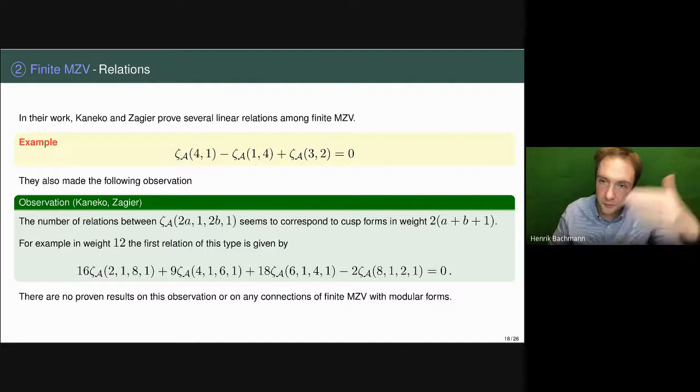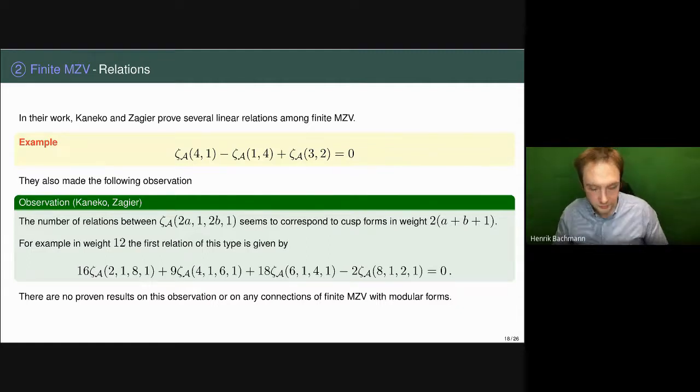And now, if you remember the relations I showed you before, then the same relation also holds for the symmetric multiple zeta values. But I will come back to this in a minute. First, there's also some observation which relates these objects to period polynomials.